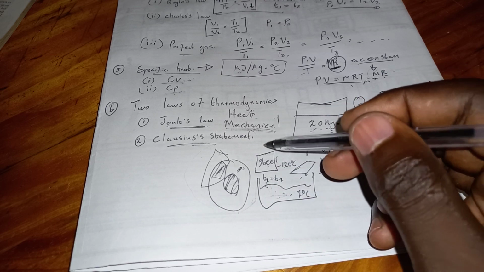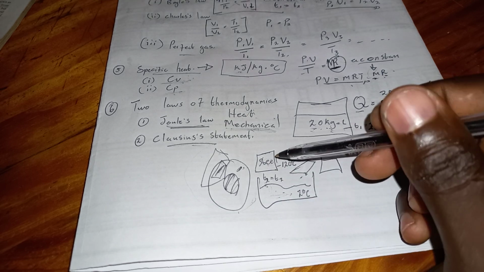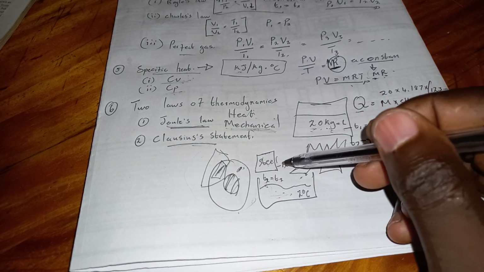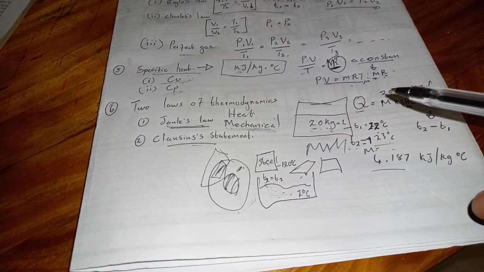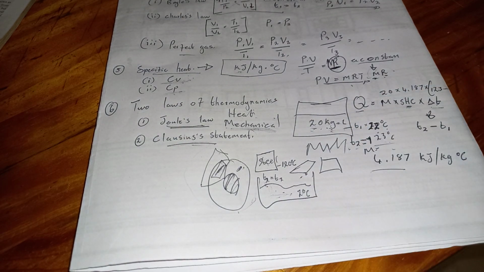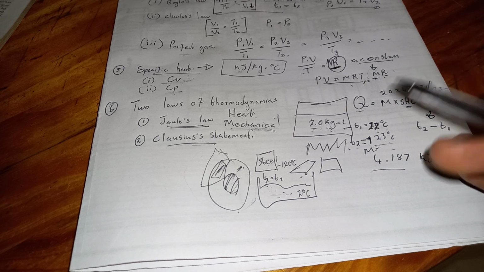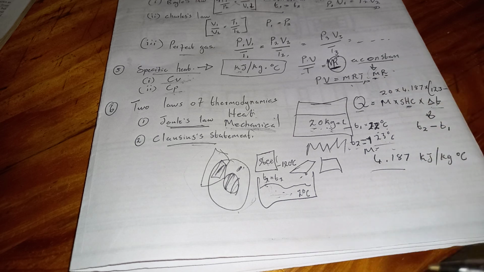But know that heat can flow from a hot substance to a cold substance unaided, without any energy. If we say unaided, that means without adding anything. That means this thing will act naturally.